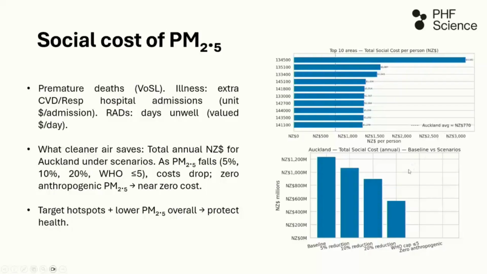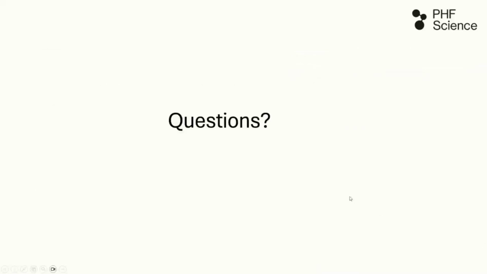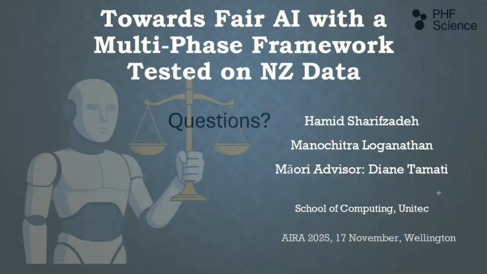And in terms of taking this a bit further, it is to include more health data within the synthetic population, which we are having a bit of difficulty with at the moment. So I think that is the next stage that we want to take this, as well as working more closely with the Auckland City Council.